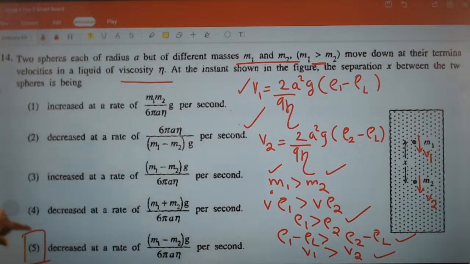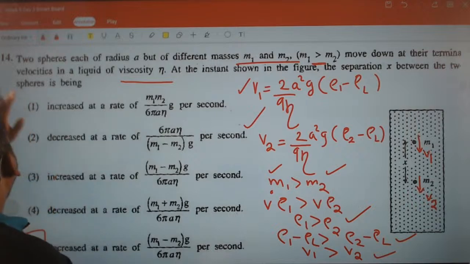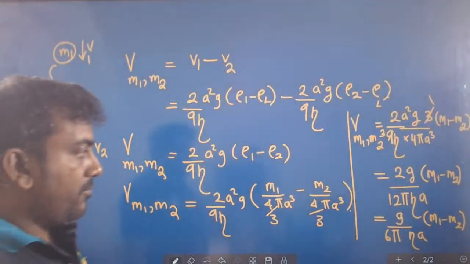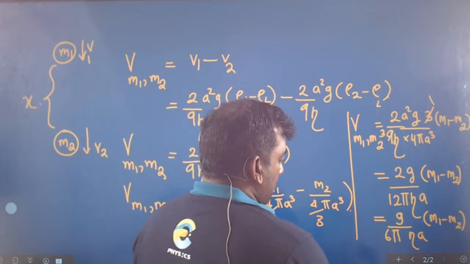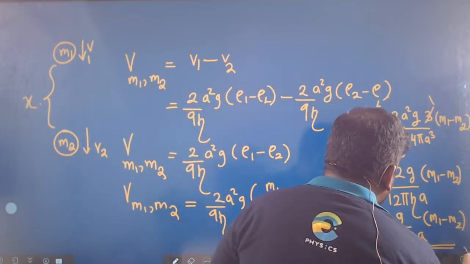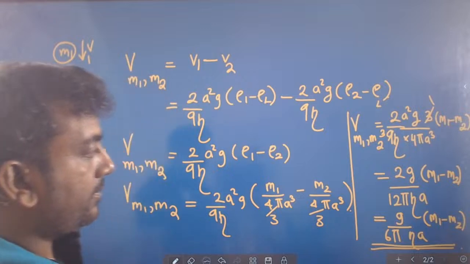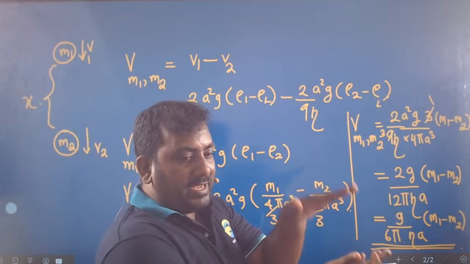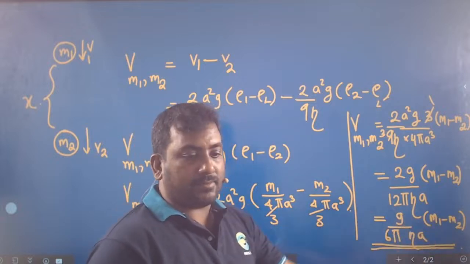But let's say somebody wants to get in these terms, 6 pi eta. So go back to your work. M1 minus M2 g, right? Now 6 pi eta A. So directly the answer comes. So the distance will decrease per second with this.